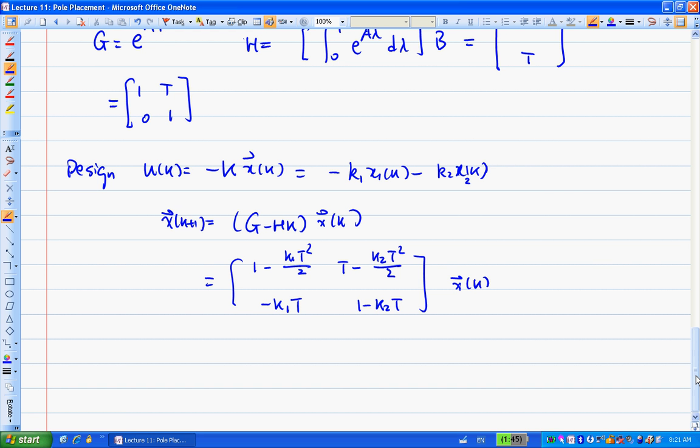Right now I'm keeping the sampling time T here, so you can actually have a general expression for K1 and K2 in terms of the sampling time value.